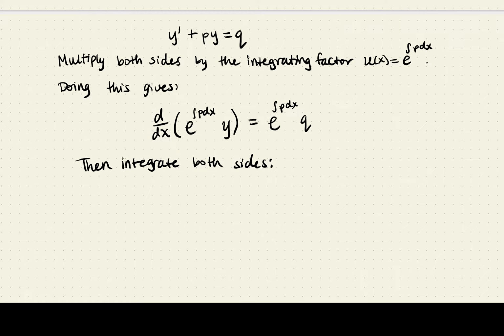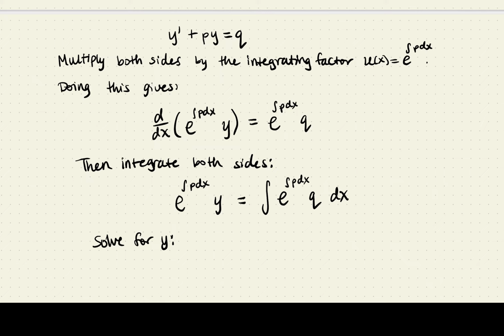Okay, so we're finding the antiderivative here. So you get e to the integral of p dx, y. And then we would have the integral of e to the integral of p dx, q dx. Okay. And then from there, you would just solve for y.